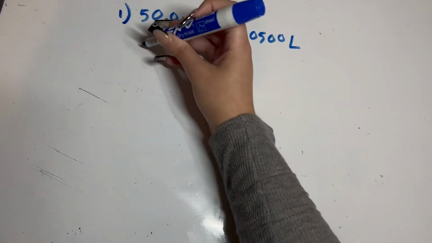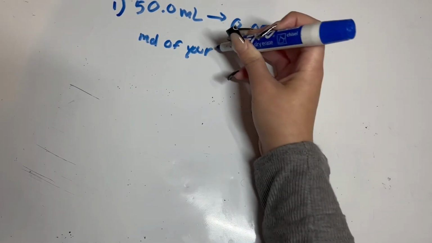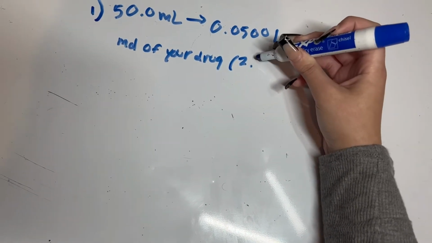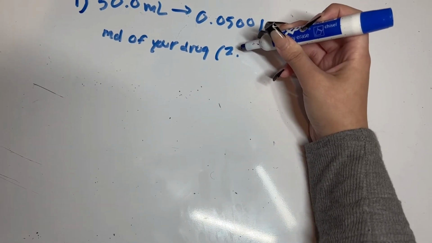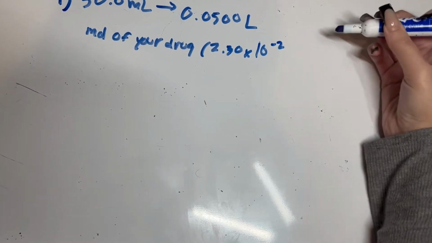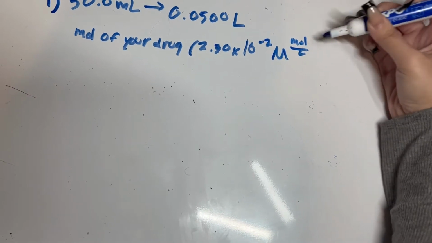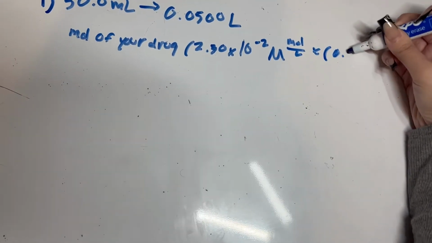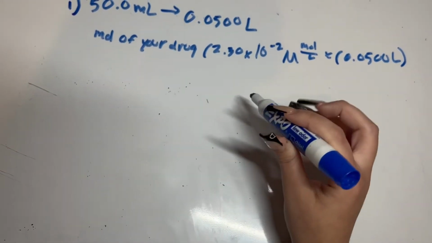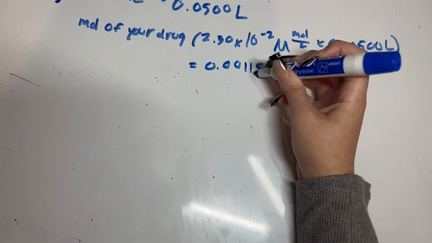And then now we're going to write out the equation. It says 2.30 times 10 to the negative second power mole per liter times 0.0500 liters. All right, so now we calculate this and we should get 0.00115 mole.